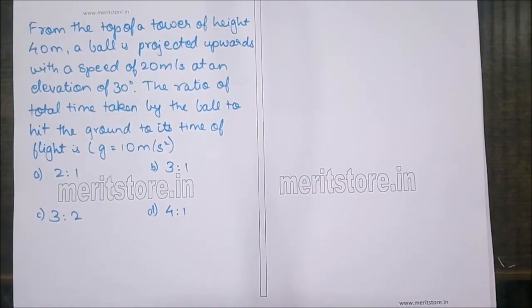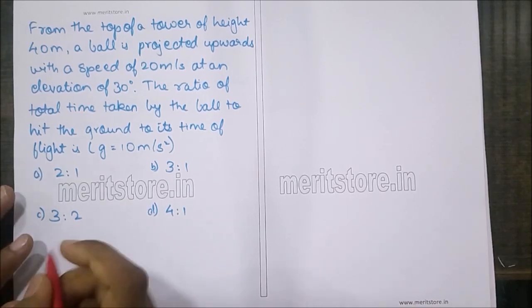From the top of a tower of height 40 meters, a ball is projected with a speed of 20 meters per second at an elevation of 30 degrees. The ratio of total time taken by the ball to hit the ground to its time of flight is: the options given are 2:1, 3:1, 3:2 and 4:1.